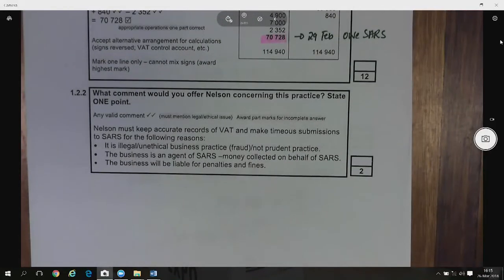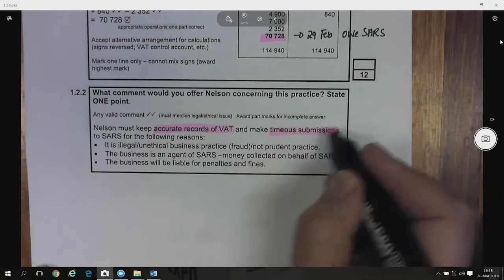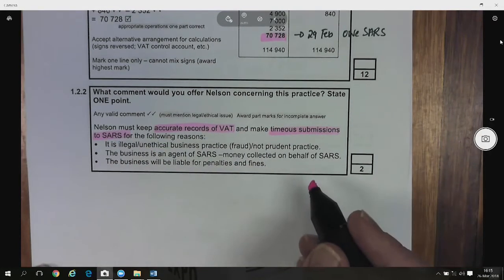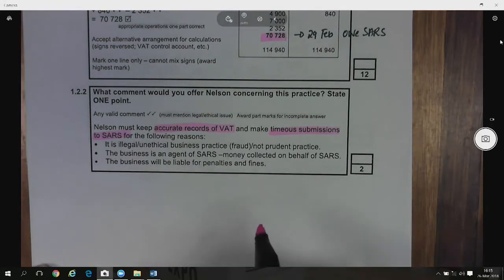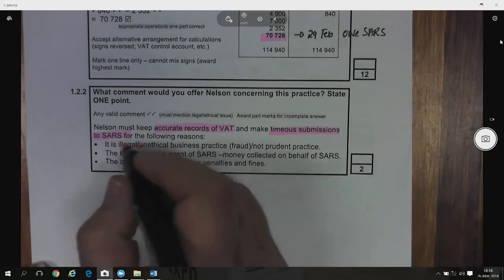Let's quickly look at that information there. Nelson must keep accurate record of VAT, and make timely submissions to SARS. Timely submissions to SARS for the following reasons. It's illegal or unethical business practice or fraud.